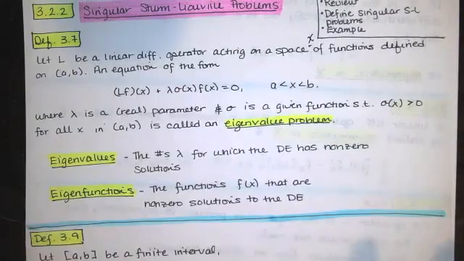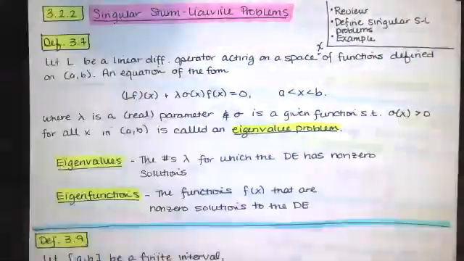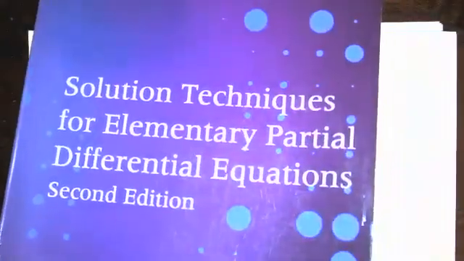But now let's talk about singular Sturm-Liouville problems. This is definition 3.27 from the Constanda differential equations text. It's Solution Techniques for Elementary Partial Differential Equations, 2nd edition by Christian Constanda.